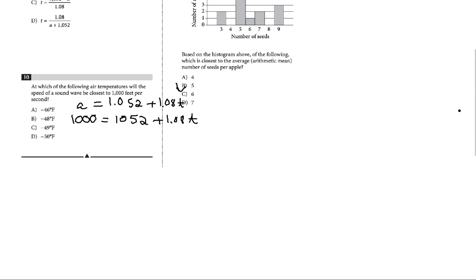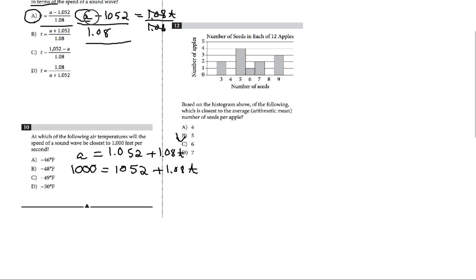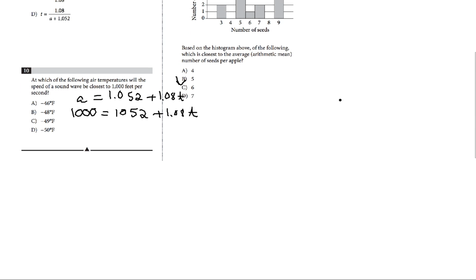As I said, you could have used the one that you solved for above and just put 1,000 in for the A. I'm going to subtract 1,052 from 1,000, so negative 52 equals 1.08T. This is a calculator section, so you can divide it in the calculator, and you're going to get about negative 48 degrees.